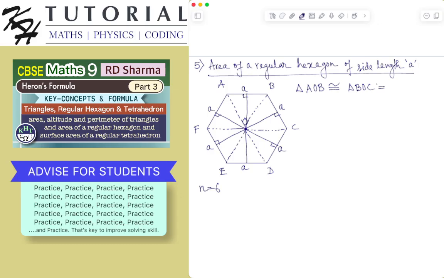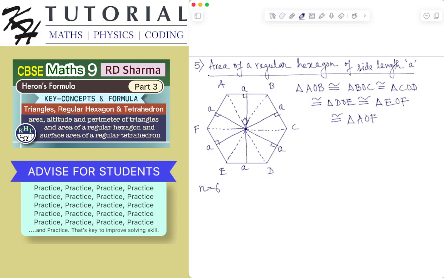So triangle COD is congruent to triangle DOE, which will be congruent to triangle EOF, which will be congruent to triangle AOF. So we have 6 equilateral triangles formed by all the sides with the center.